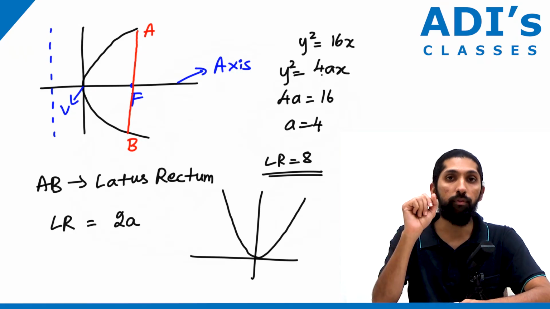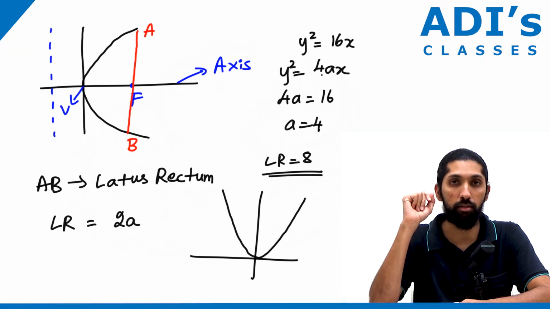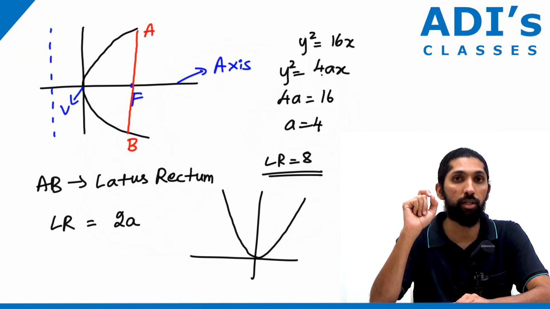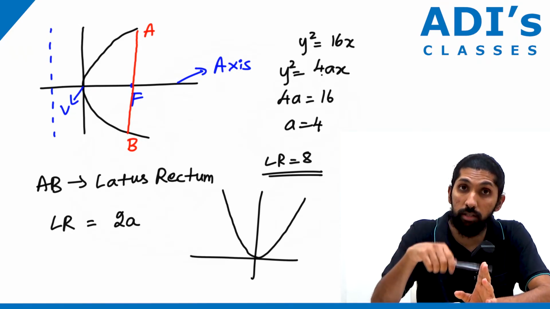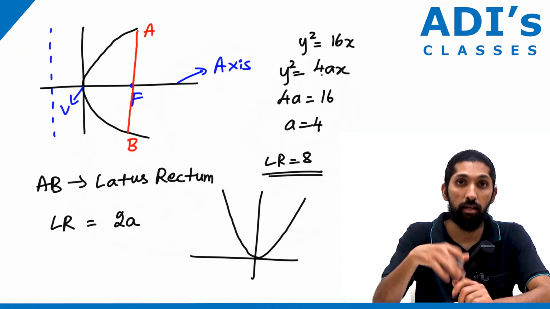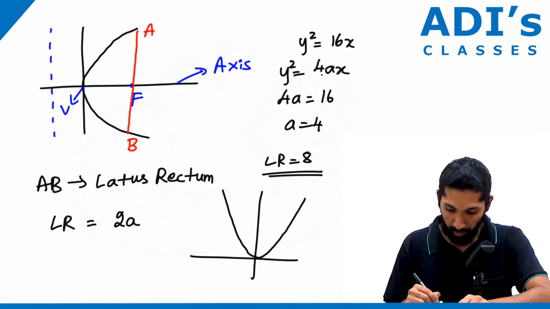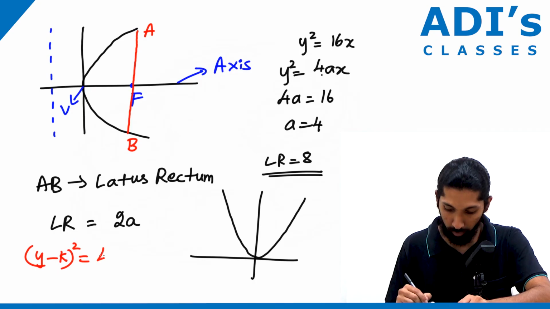Now, whenever we look into any of the parabola concepts, the general equation when the vertex changes from the origin, suppose you have something like that, then the equation is going to become y minus k whole square is equal to 4a into x minus h.